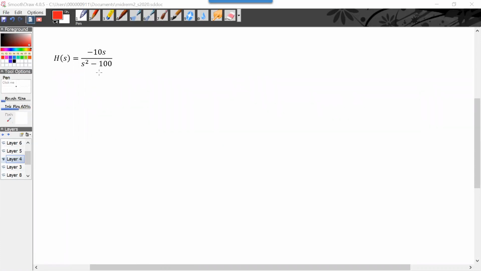Now, rather than actually calculating it out, I know there's got to be some there because the s term is missing, right? And minus 100. Signs not all the same, okay?